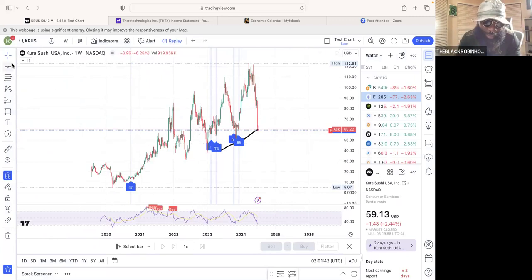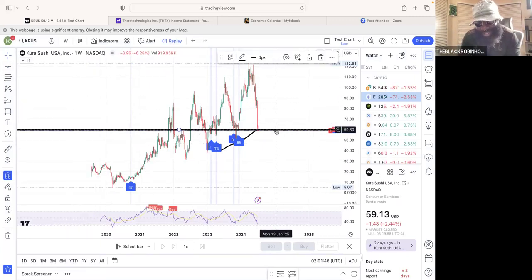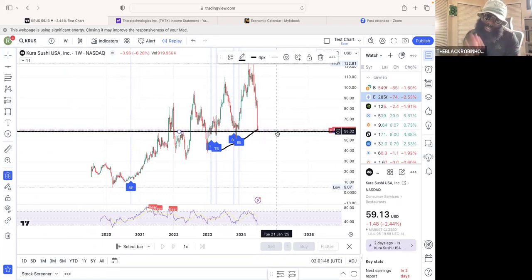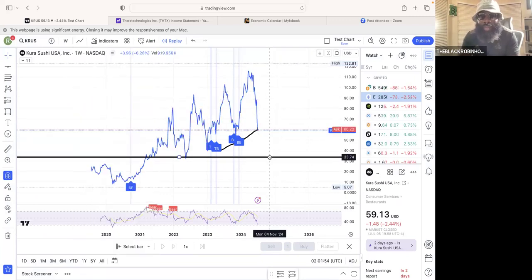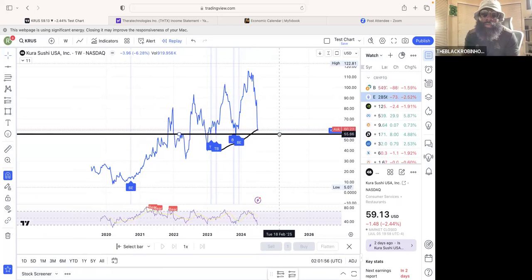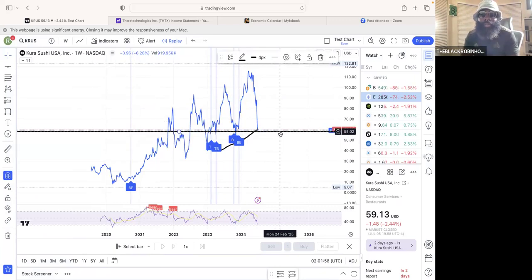Okay, it's in the zone. Man, I wasn't expecting to see it's in the zone. So you see this? We're on the weekly. Let me switch it to weekly line. You see it. Boom. It's right there. You don't have to force it. Boom. It's respecting it, right?